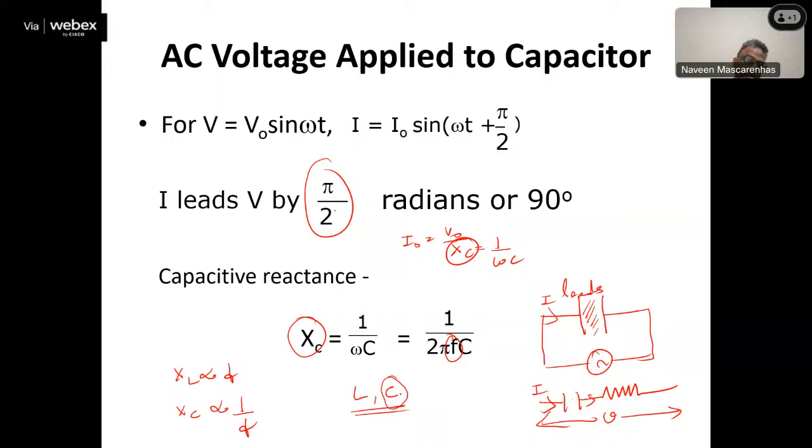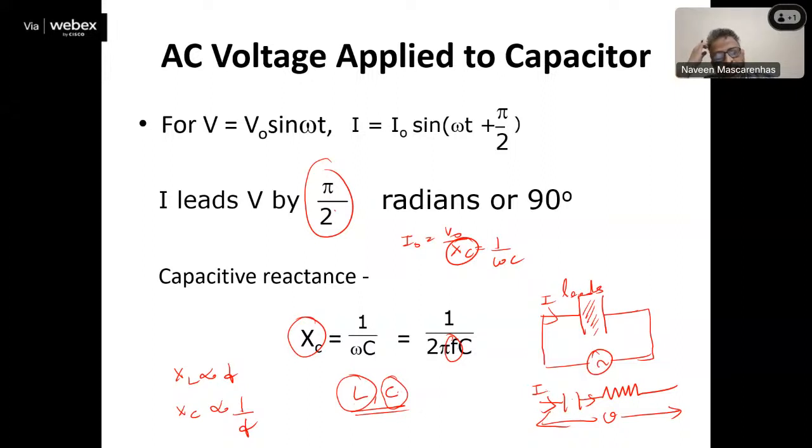Capacitor offers high reactance to low frequencies because XC is inversely proportional to F, whereas coil offers high reactance to high frequencies. So coil and capacitor, though they are very good friends, speak a different language. Whatever coil says yes, the capacitor says no.